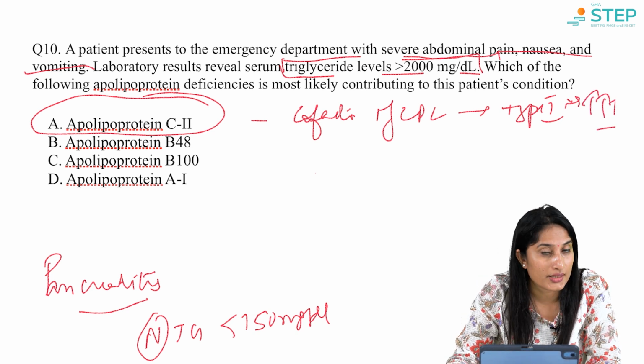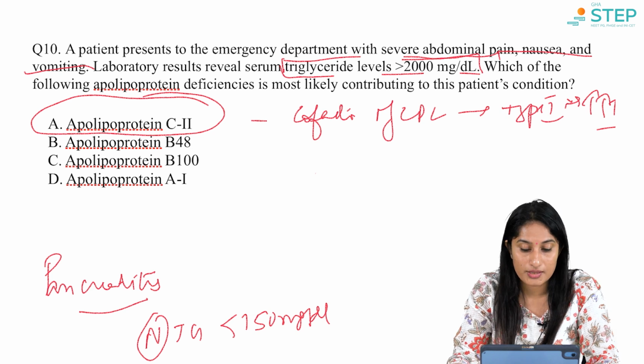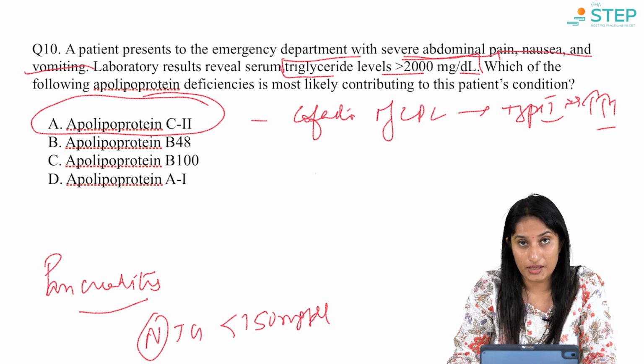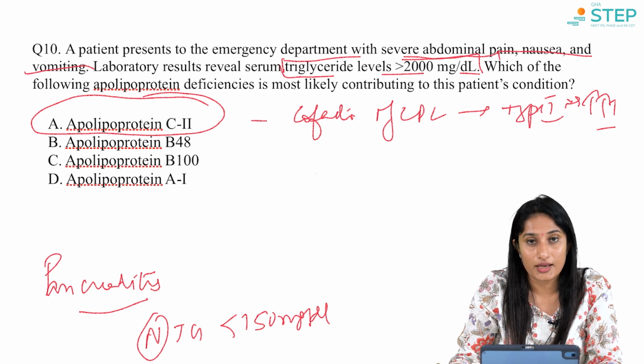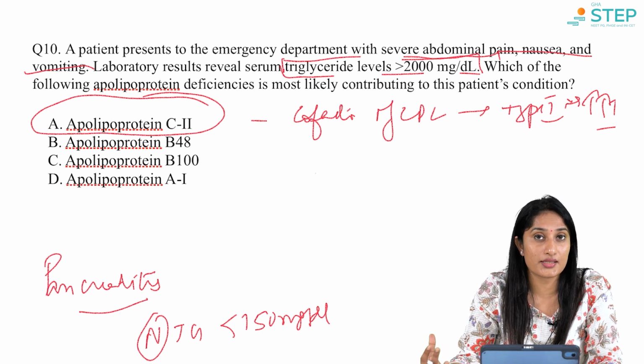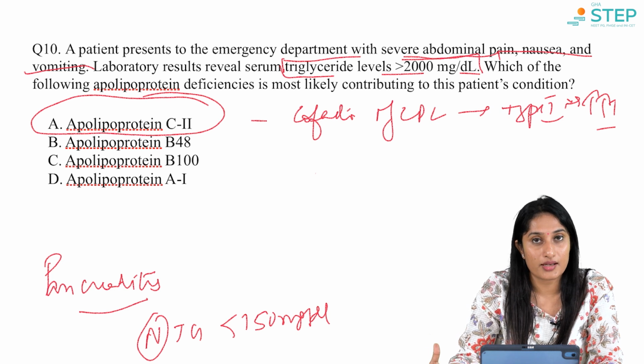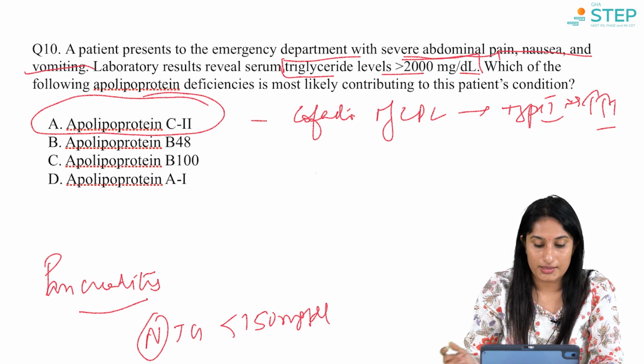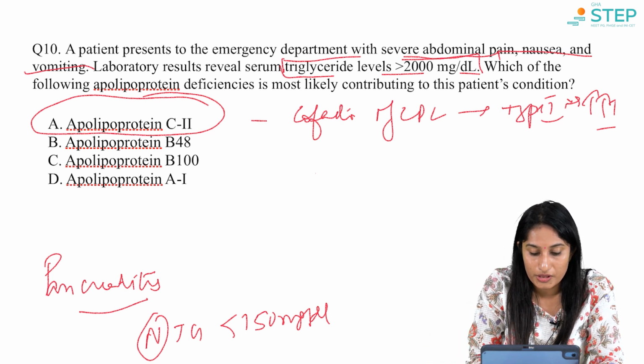Why pancreatitis in this person? Because lipoprotein lipase should break down the triglycerides, right? So, when that is not there, the fatty acids can cause direct damage to the acinar cells of the pancreas, causing pancreatitis. Why not ApoB48?